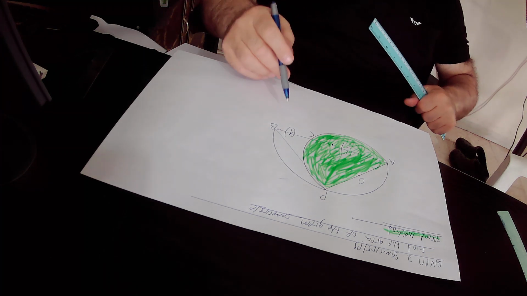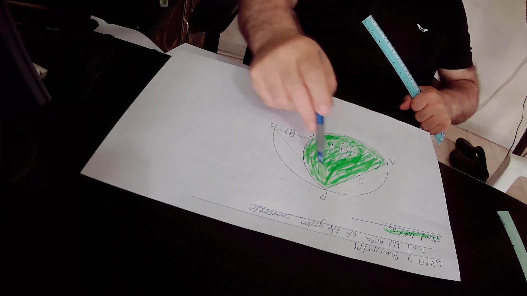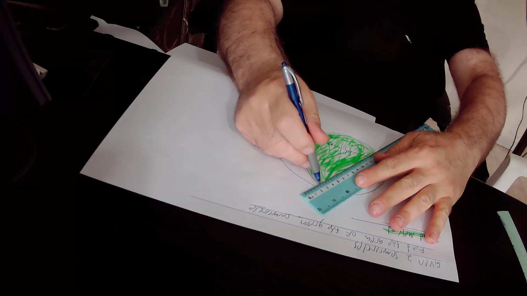So we already found out that peripheral angle APB equals 90 degrees according to rule 7.